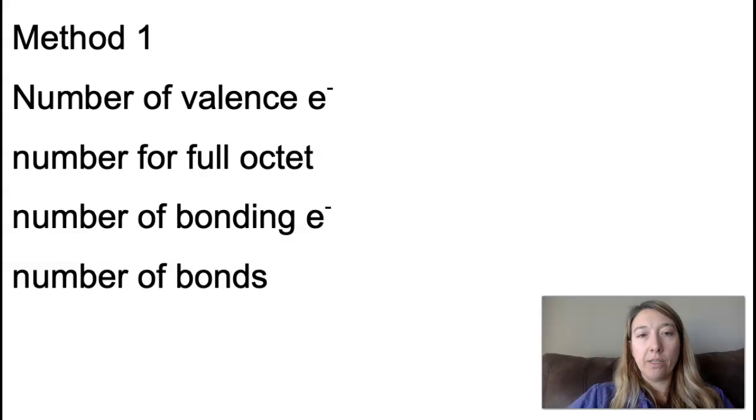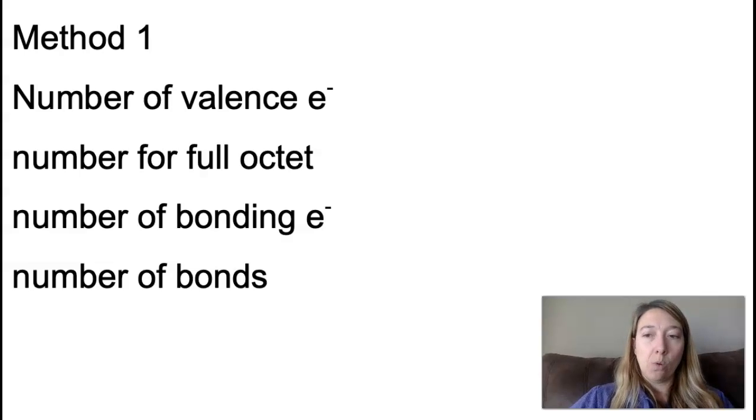This is the first worksheet that you have on covalence in your bonding booklet. I think most of you like this method more because it's easier to figure out how many pairs of electrons you are sharing to get that full valence.